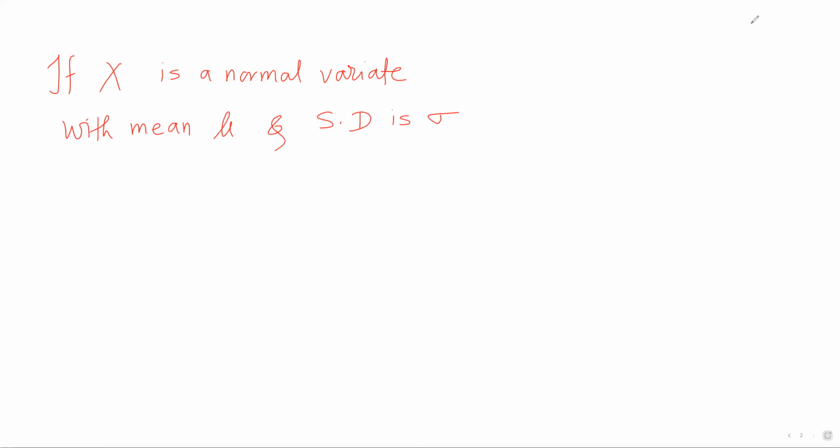If x is a normal variate with mean mu and standard deviation sigma, then we substitute z as x minus mu by sigma, which is the standard normal variate.